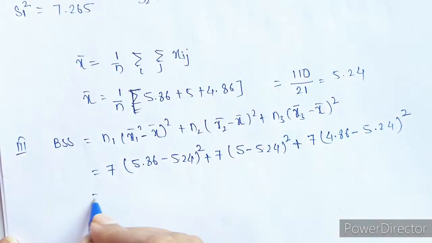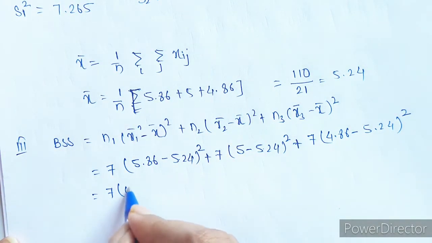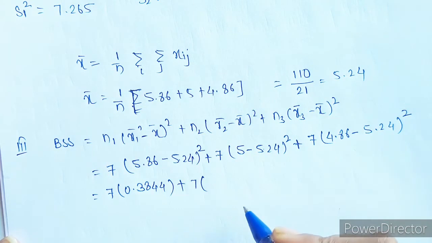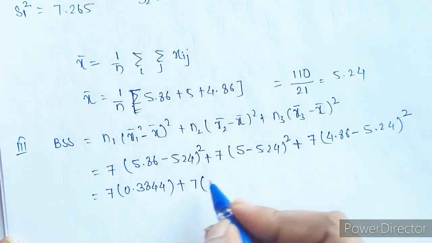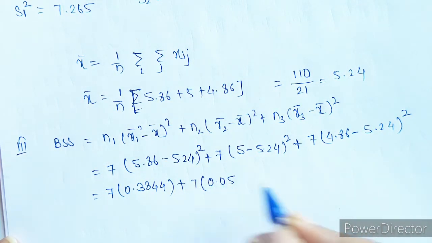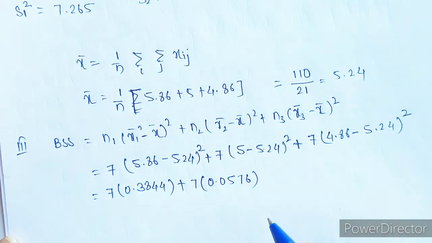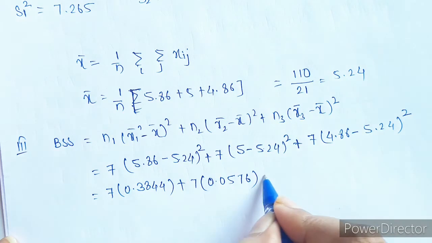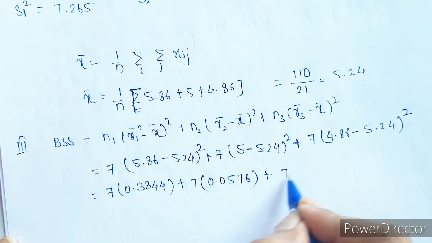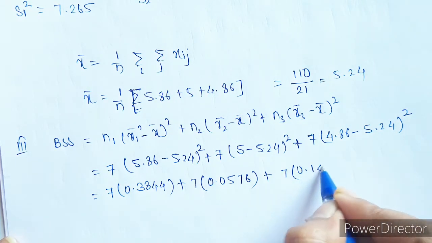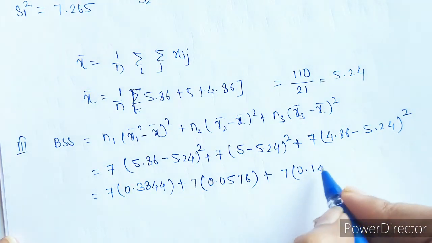Now we just have to simplify this. So this will be 7 into 0.3844 plus again 7 into 0.0576, okay, plus again 7 into 0.1444.